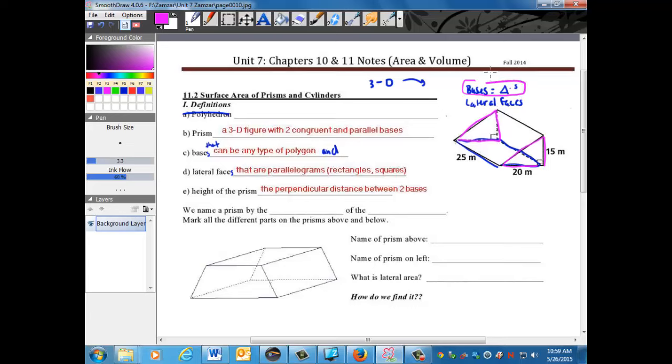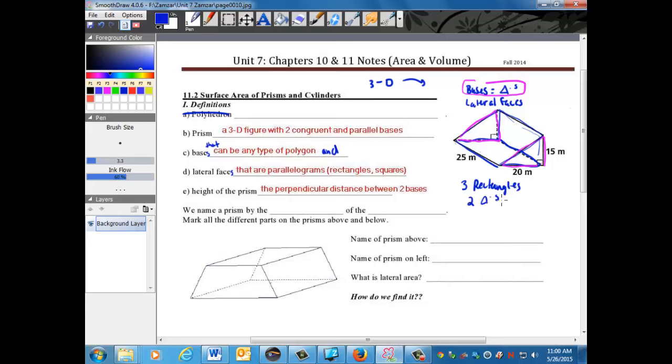And again, the reason being is that we're told that lateral faces have to be parallelograms, which means rectangles and squares. And we actually have three lateral faces. We have one on the bottom, we have two on the side, and then we have our third one that's in the very back. So if we were to just look at this shape, we have three rectangles and we have two triangles.